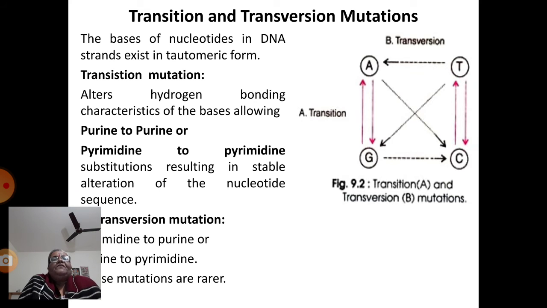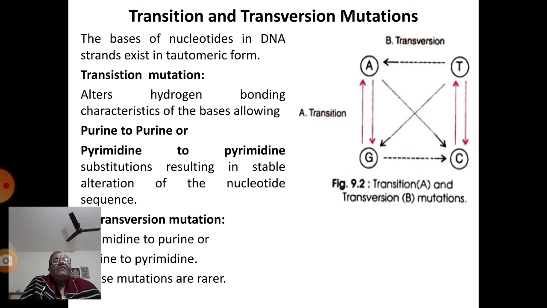The bases of nucleotides in DNA strands exist in tautomeric form. What is this transition mutation? Transition mutation alters hydrogen bonding characteristics of the base following purine to purine or pyrimidine to pyrimidine substitutions, resulting in stable alteration of the nucleotide sequence.